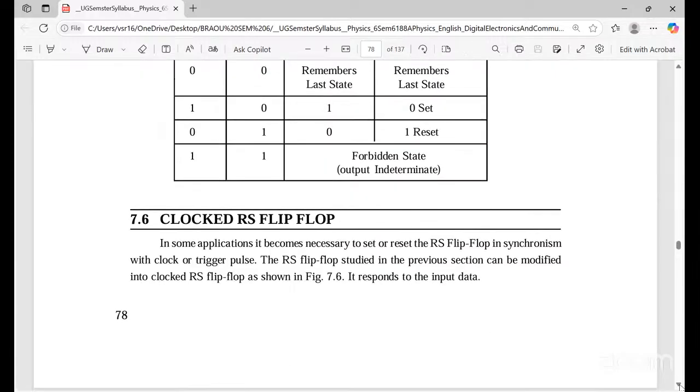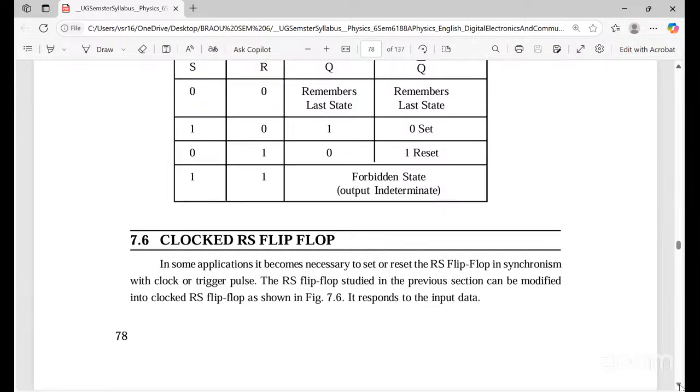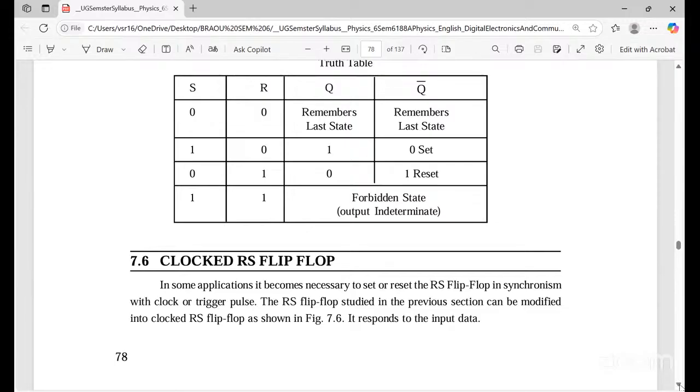We can go for this. Truth table SR. Q is remembering the last state and Q bar is the last state. Remember 0 0. 1 0 means 1 and 0, set. If Q bar is 0, set, and Q bar is 1, reset. Okay. So if both the inputs are high, that is a forbidden state.